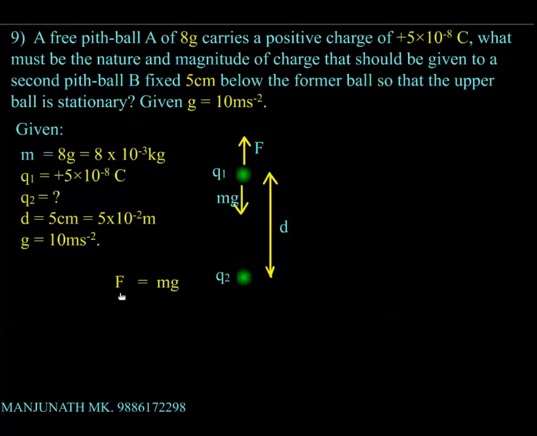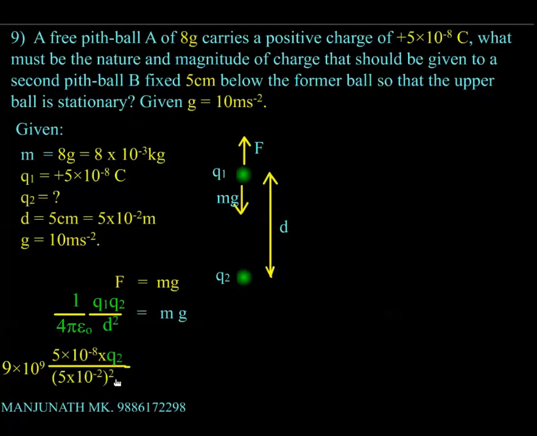So, we know as there are two charges and distance is there, the electrostatic force is given by 1 over 4 pi epsilon naught Q1 Q2 by d square. This is equal to mg. Here we need to calculate Q2. We know 1 over 4 pi epsilon naught is 9 into 10 to the power of 9. Q1 is given 5 into 10 to the power of minus 8. Q2 has to be calculated, and d square, distance, is given 5 into 10 to the power of minus 2 whole square.